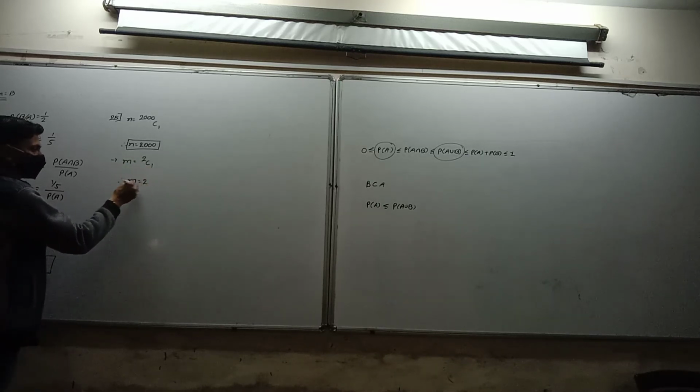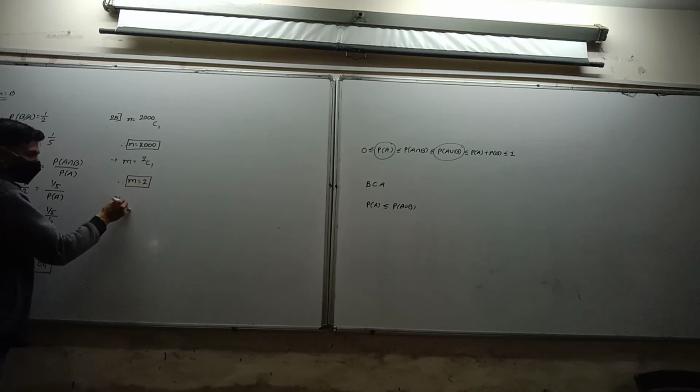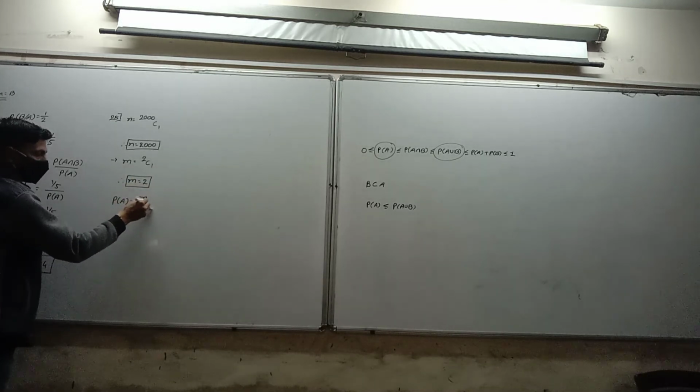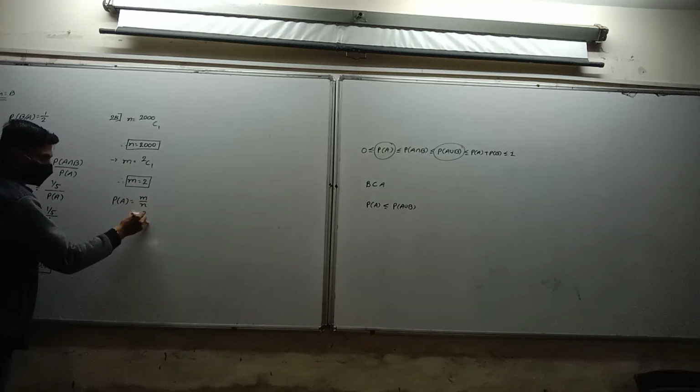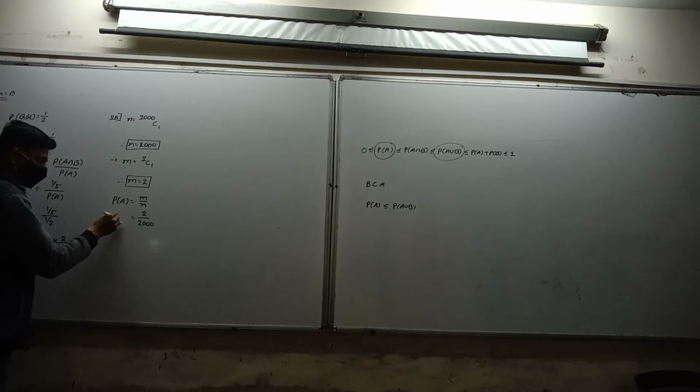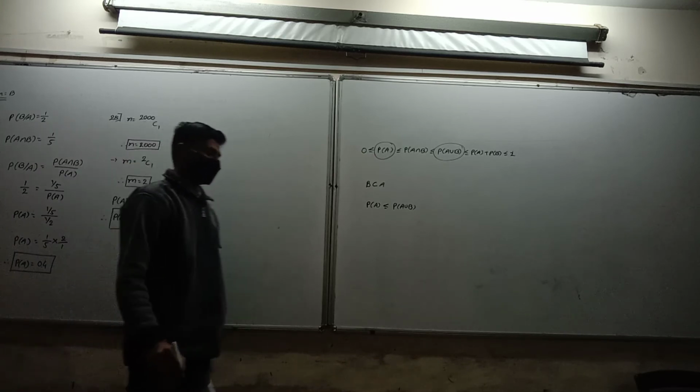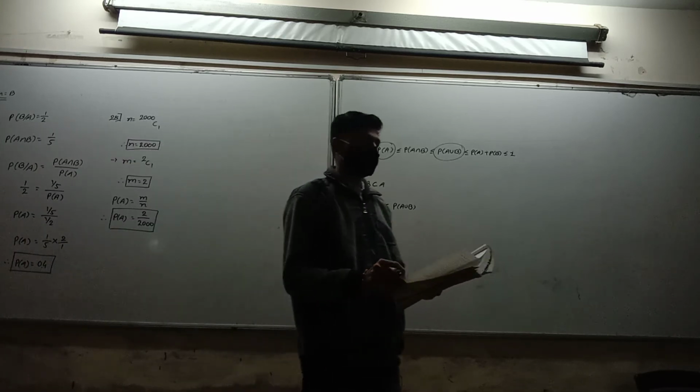M is equal to 2. P of A, find out, M upon N, 2 upon 2000. Okay, so you have completed section B.